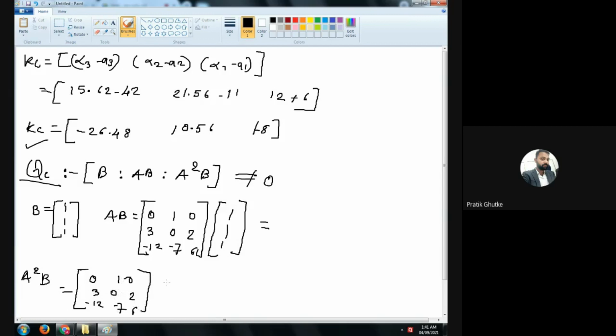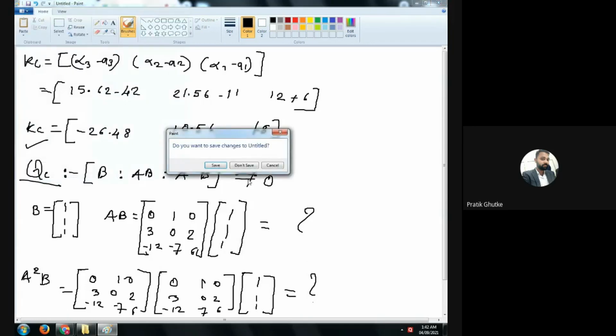Again you have to write this A because it is A square. This is A square, and then it will be multiplied with B, 1 1 1. So we have to find out these matrices, B, AB and A square B. Yes, now moving forward, what is the next step?